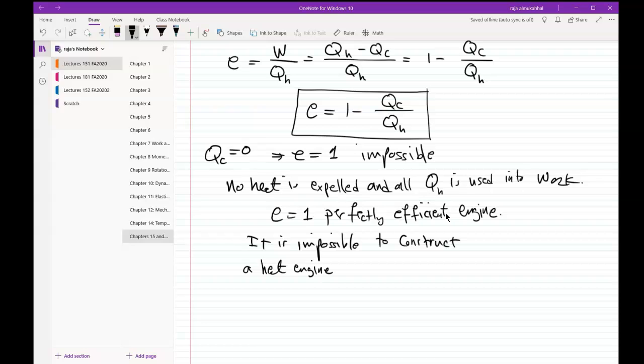It is impossible to construct a heat engine that operates in a cycle with 100% efficiency.